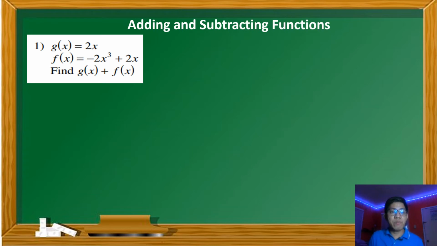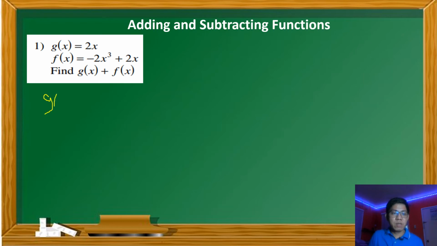Ayan, we have the g of x. Alright, so g of x is equal to 2x. Then f of x is equal to negative 2x cubed plus 2x. Find g of x plus f of x. So let us solve. We have g of x plus f of x.